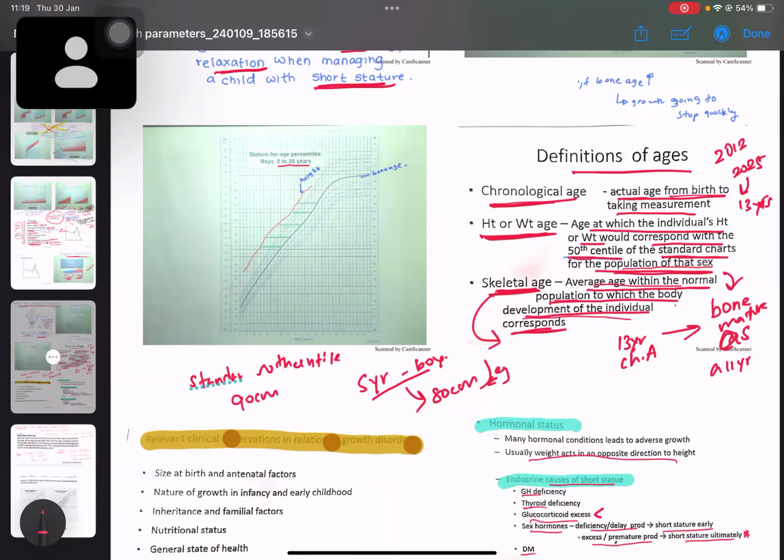So this boy is shorter, because the average height of a 5-year-old boy should be 90 centimeters. It's just an example, not a true value.